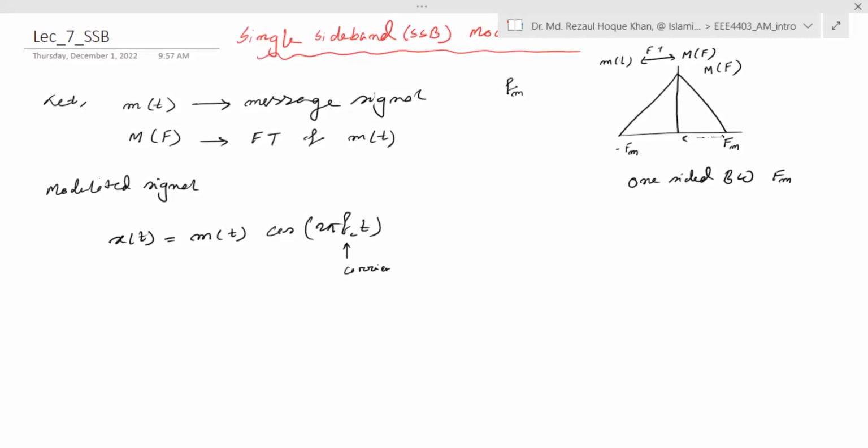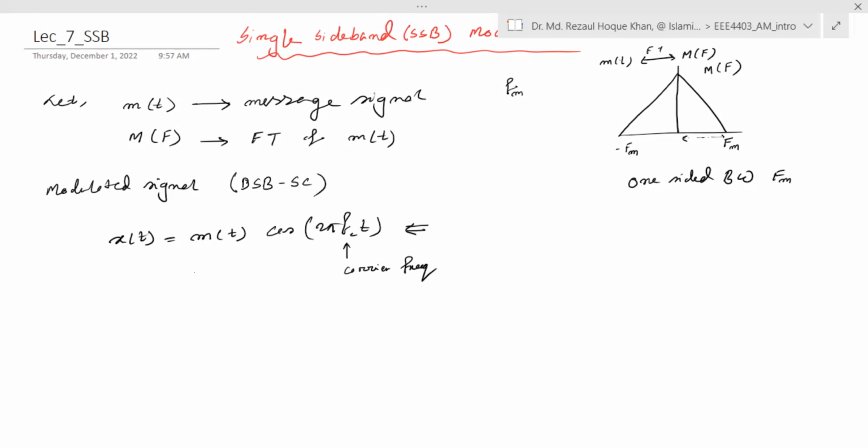Now, this is nothing but a double sideband suppressed carrier, so this is a double sideband or DSB modulated signal.